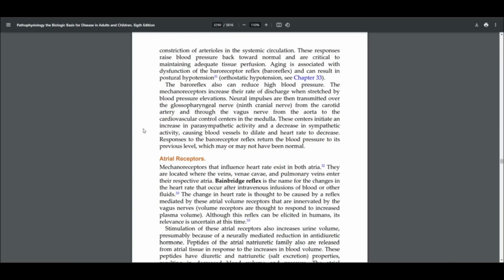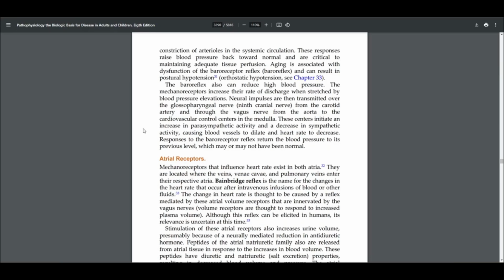The baroreflex also can reduce high blood pressure. The mechanoreceptors increase their rate of discharge when stretched by blood pressure elevations. Neural impulses are then transmitted over the glossopharyngeal nerve, or the ninth cranial nerve, from the carotid artery, and through the vagus nerve, from the aorta, to the cardiovascular control centers in the medulla.